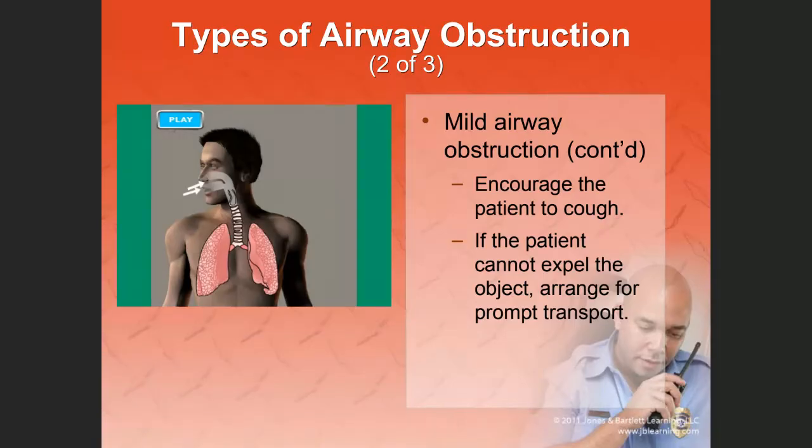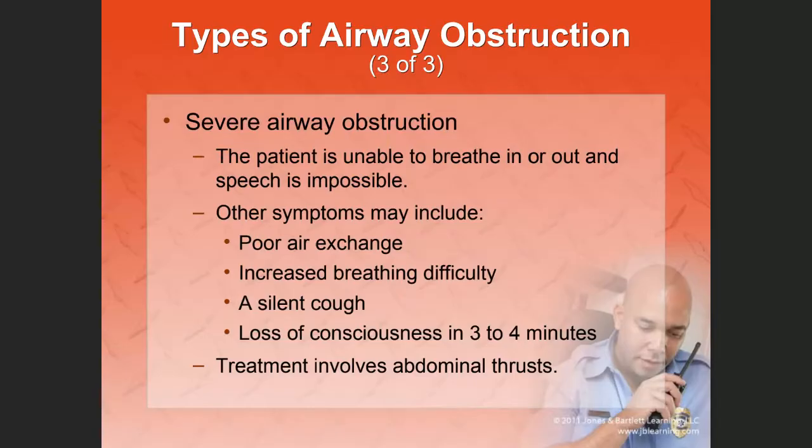Now, still on mild airway obstruction, encourage the patient to cough. If the patient cannot expel the object, arrange for prompt transport. Now, with severe airway obstruction, the patient is unable to breathe in or out, and speech is impossible.